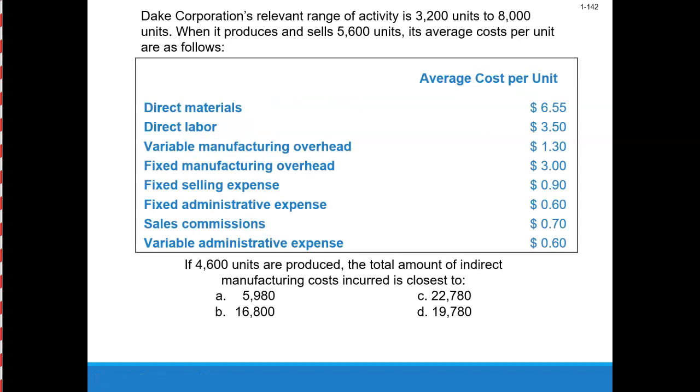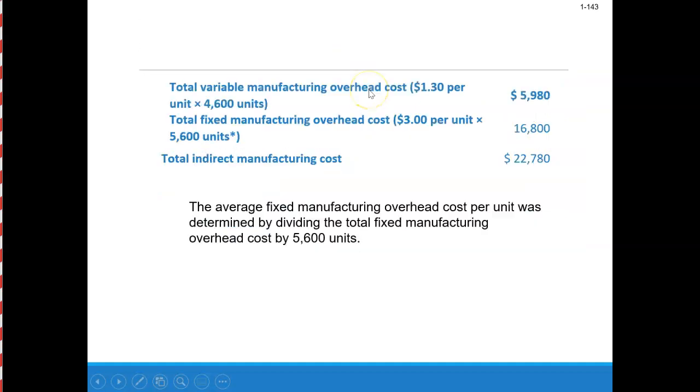The reason we're taking it at 5,600 units is because it's saying here when it produces and sells 5,600 units, its average cost per unit are all shown here. So it's showing $3 at the 5,600 units. So we need to show the $3 times 5,600 units.